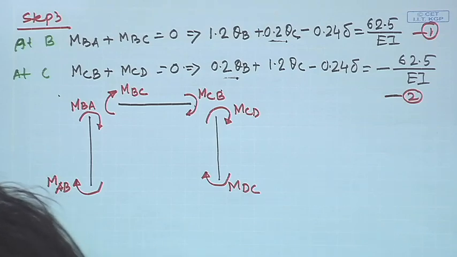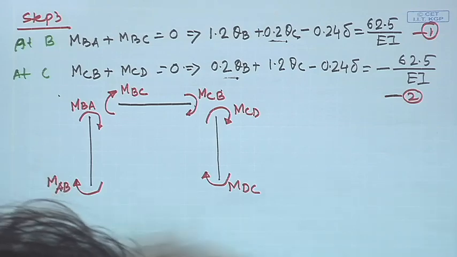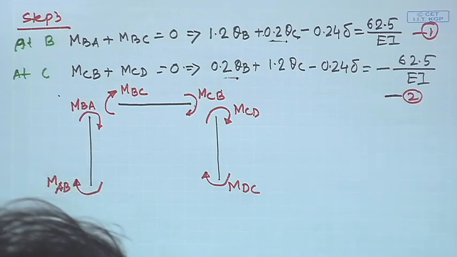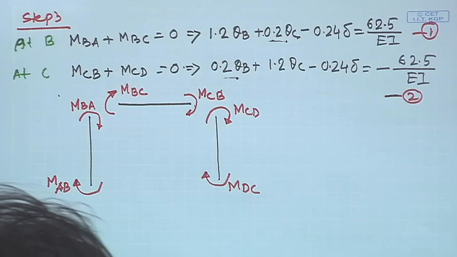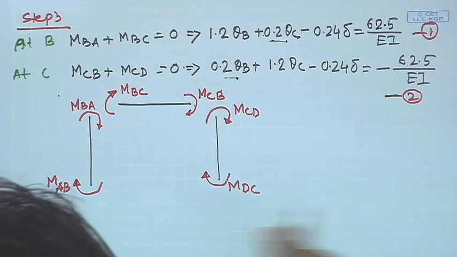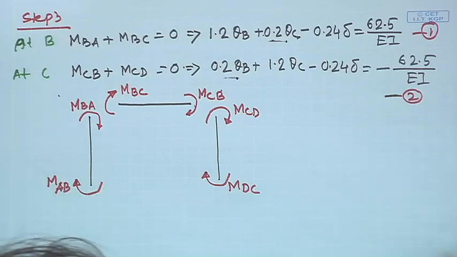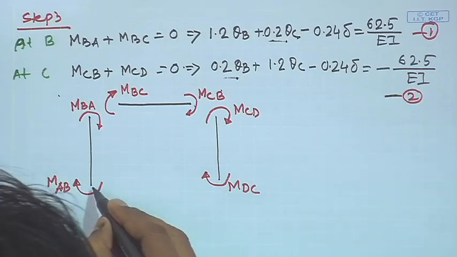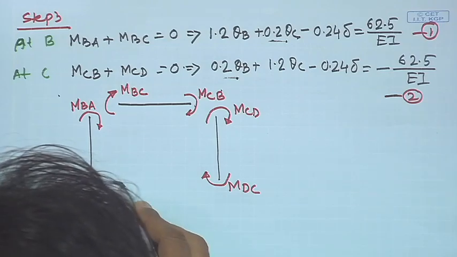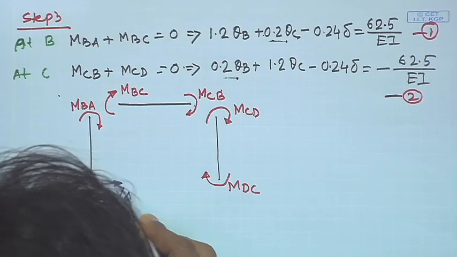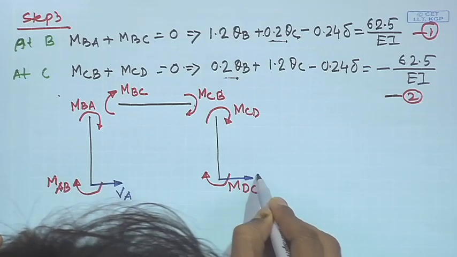Now, in addition to that we have shear forces as well. Okay. Say these are the supports, say we have a force VA, this is the shear force at VA, and similarly we have a shear force at VD.